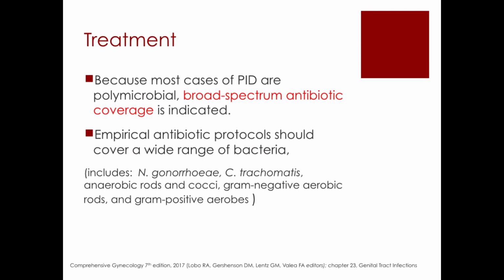Because most cases of PID are polymicrobial, broad-spectrum antibiotic coverage is indicated. Empirical antibiotic protocols should cover a wide range of bacteria, and this includes Neisseria gonorrhoeae, Chlamydia trachomatis, anaerobic rods and cocci, gram-negative aerobic rods, and gram-positive aerobes.